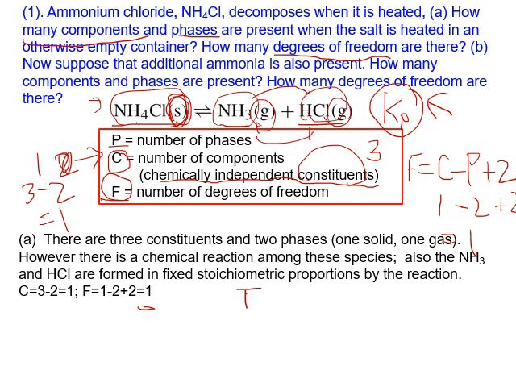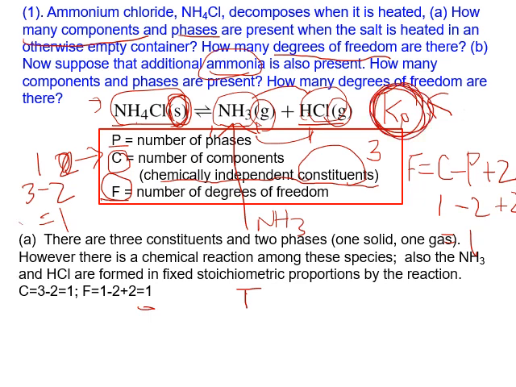So that's A. Now in B, suppose you add an additional amount of ammonia. That means now ammonia and hydrogen chloride are not in a 1-to-1 ratio. If you know one, you don't know the other one. They are not related. But you still have Kp, one equation.